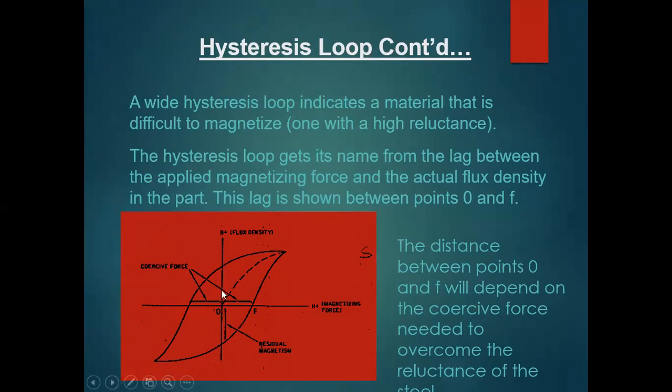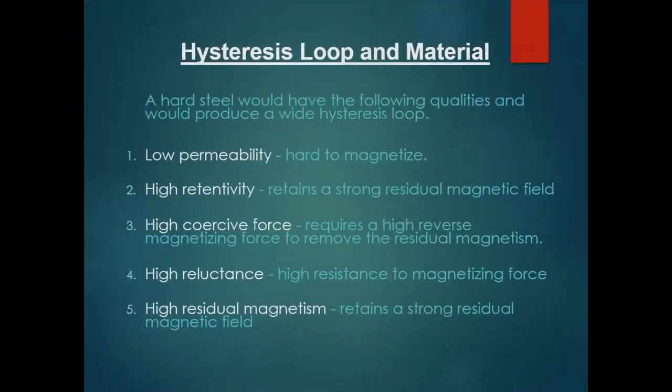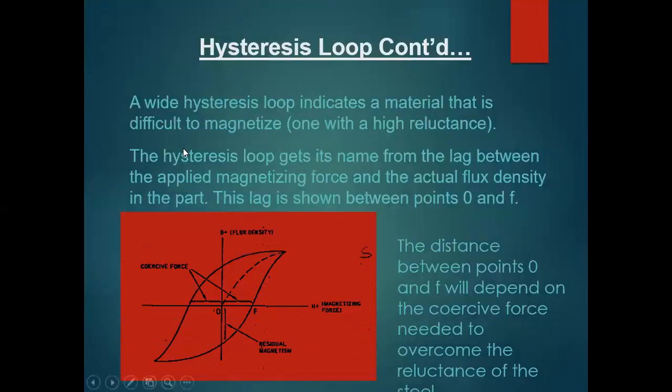If the reverse magnetizing force is high, this area is wider, so your hysteresis loop will be wider, not shallow. It is thick, not thin. In the case of low carbon steel, this width will be less and the saturation will be high. We will discuss it in the next PPT.